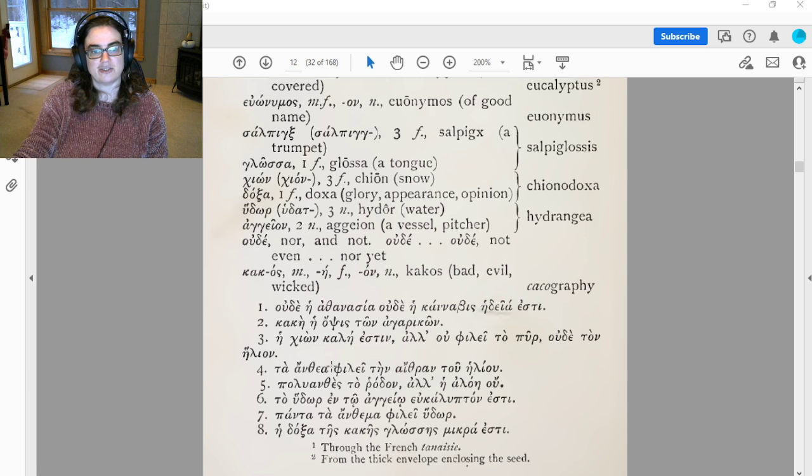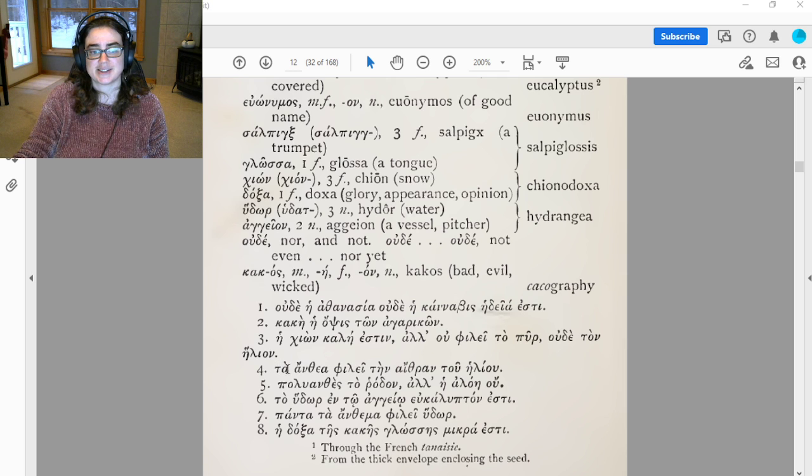Ta anthea phile, thein eithron tu heliu. So the flowers love the light of the sun. That is very true. So the verb here is singular because the plural is usi.